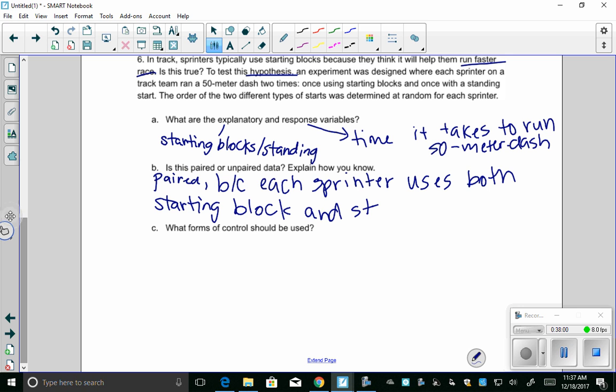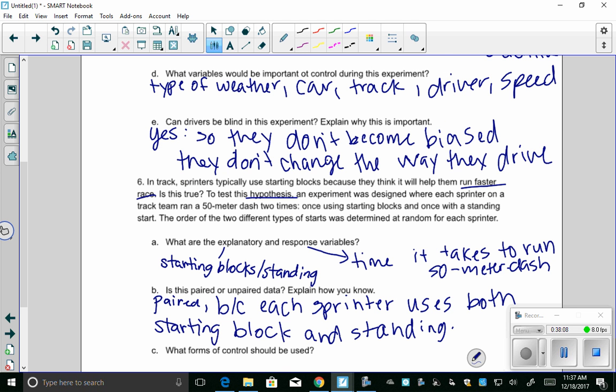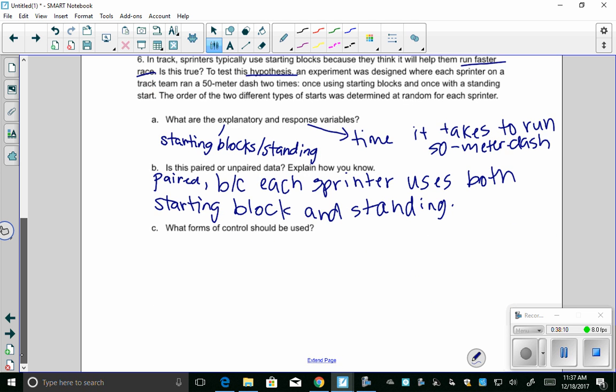So what I said, how you have the one person comparing two things, is that okay? Okay, so this is paired data because each sprinter is using both objects, the starting block and just standing. Why do they just do it? Because they think it will make them get there faster.